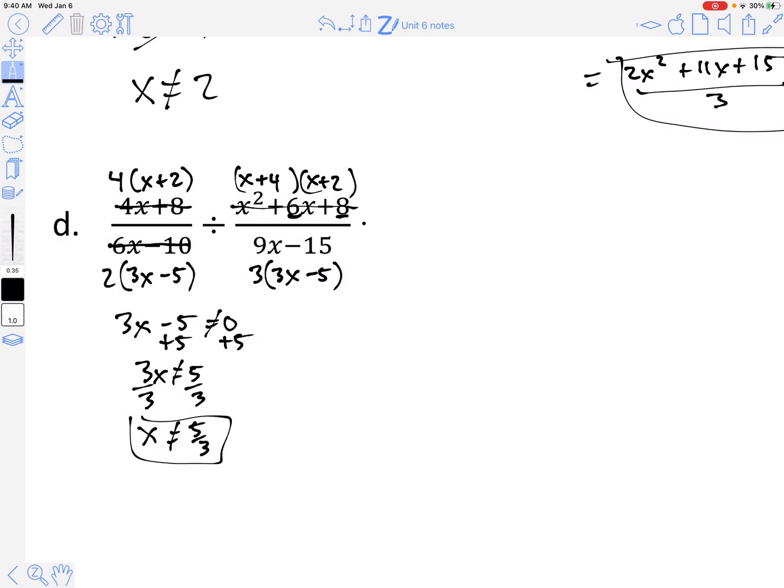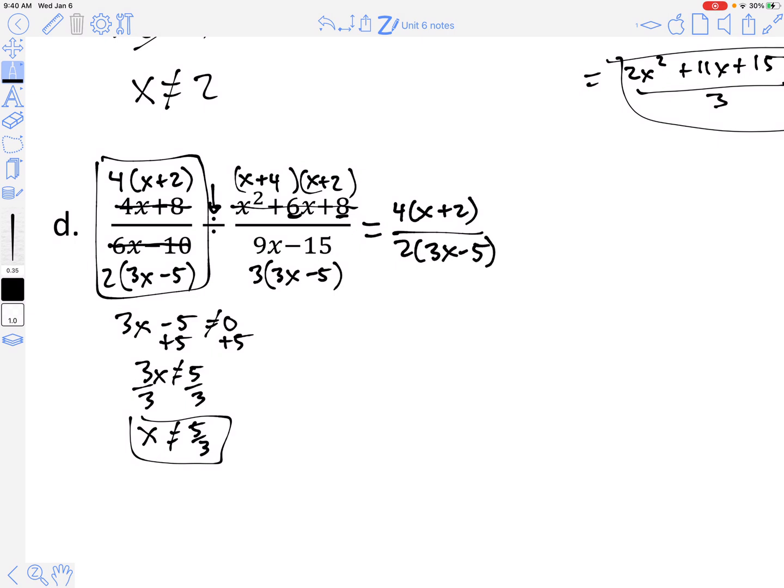So now we're going to change this guy because division's kind of an issue, so we'll multiply by the reciprocal. So I'm going to take this first part, leave it the same. Now I could have simplified the 4 and the 2 right there if I didn't want to rewrite it, but I'm going to wait till the end.